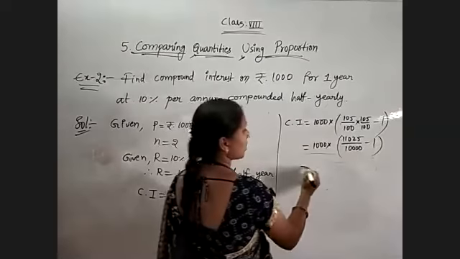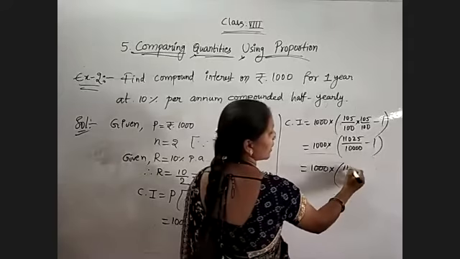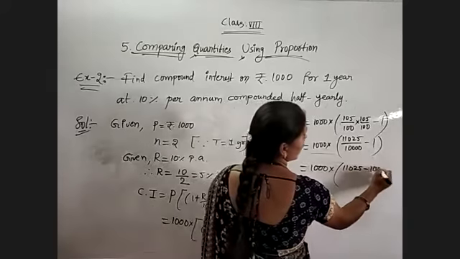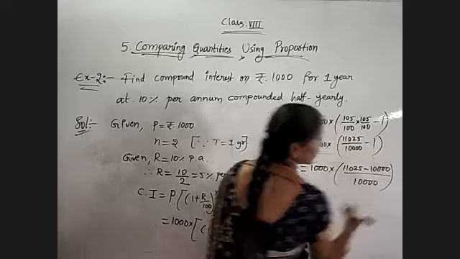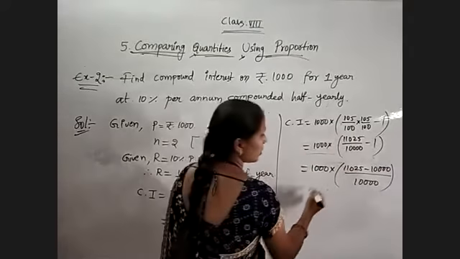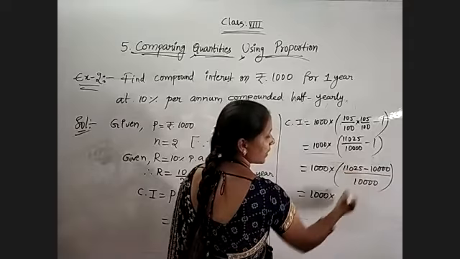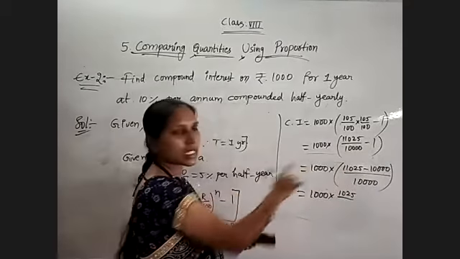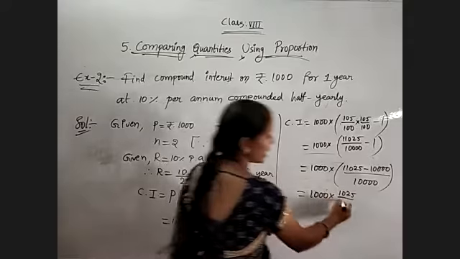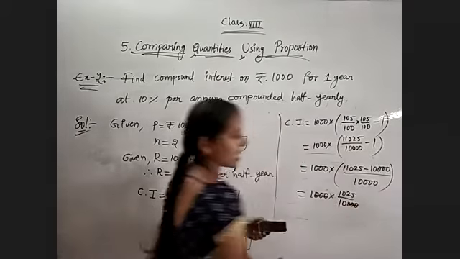So this will be equal to 1000 into, go for cross multiplication, (11,025 minus 10,000) divided by 10,000. Now 1000 into, their difference we will get 1025 by 10,000. 3 zeros will get cancelled.